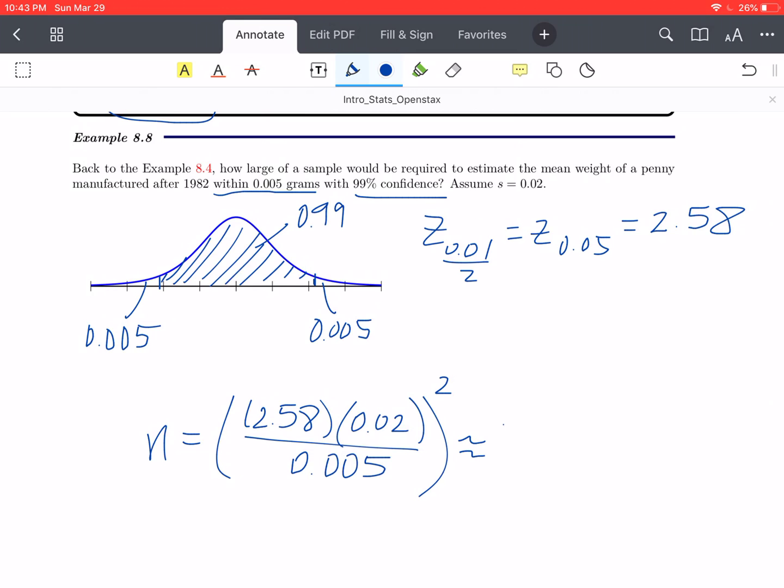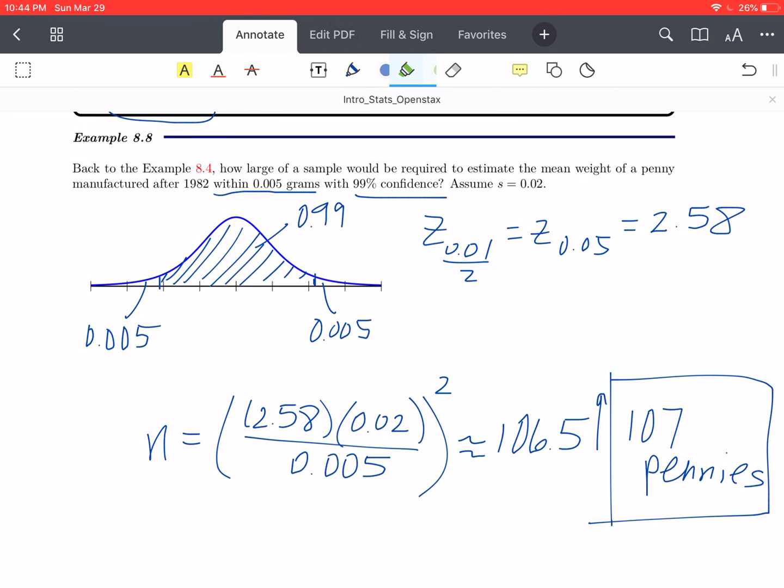This gives us approximately 106.5, but of course we need to round this up to the nearest whole number. So we have 107 pennies.